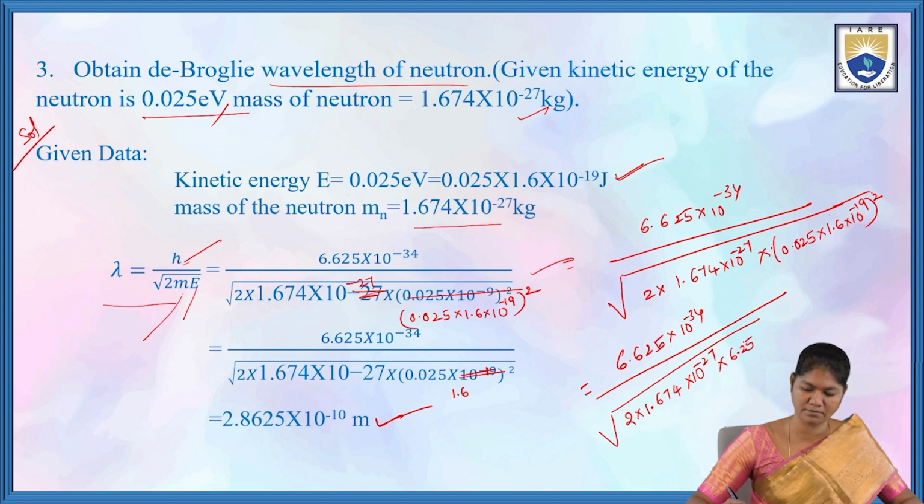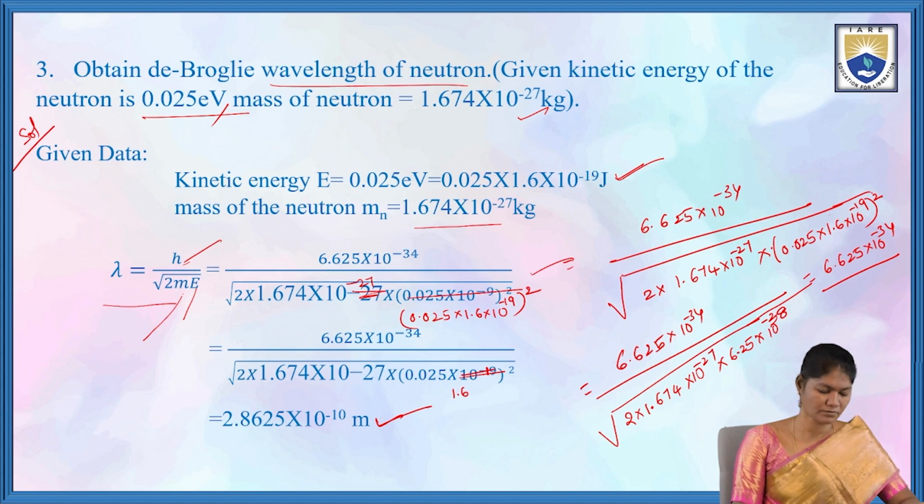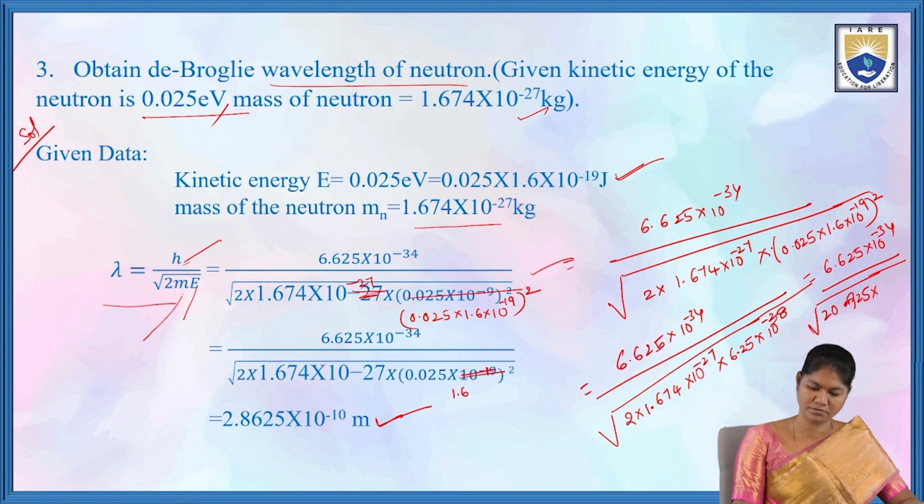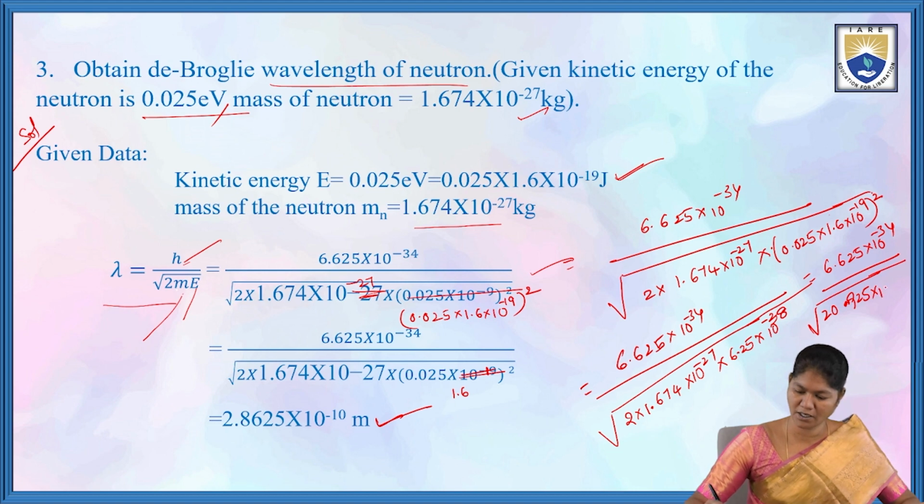So it is equal to 6.625 into 10 power minus 34 divided by, what's this value, 2 into 1.674 into 10 power minus 65.